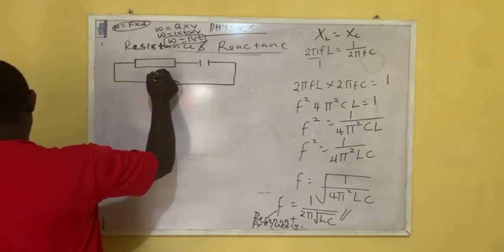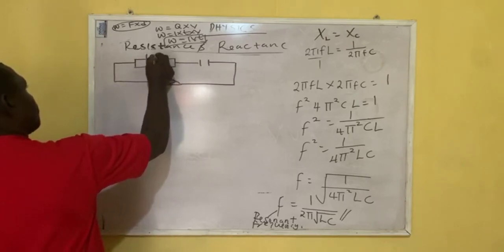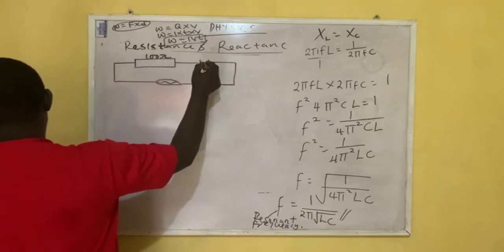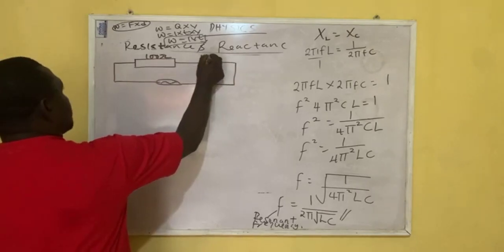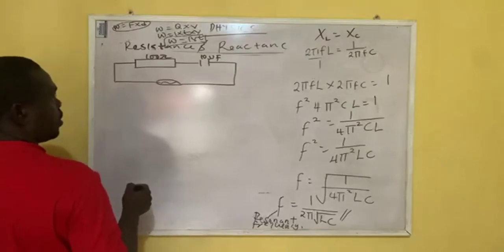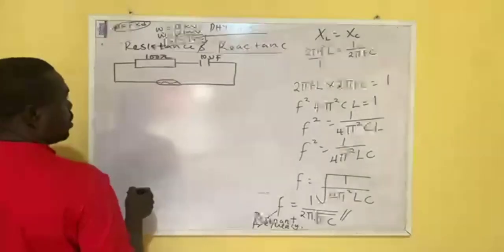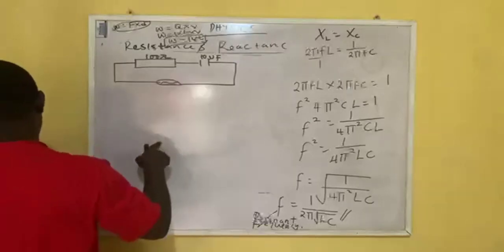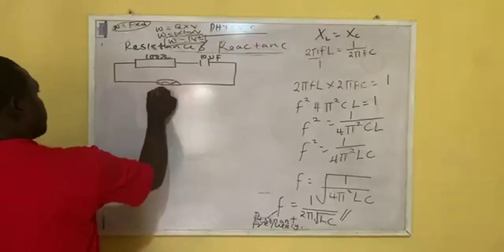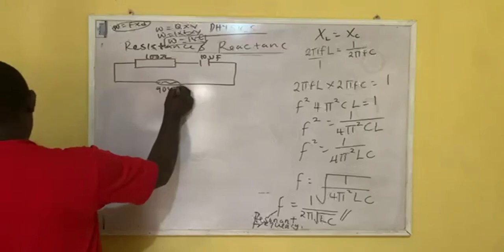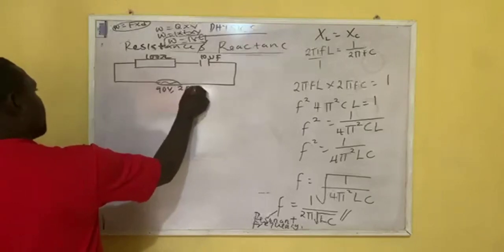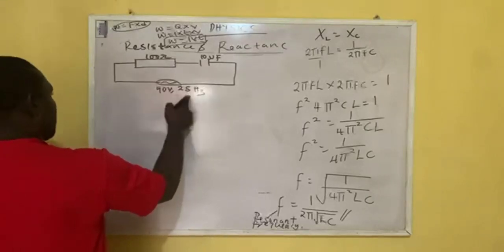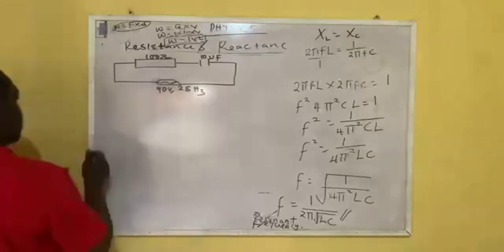So here you have 100 ohms. Here you have 10 microfarad, that's raised to power minus 6. And then here you have 90 volts and 25 hertz. So voltage and frequency are given here.